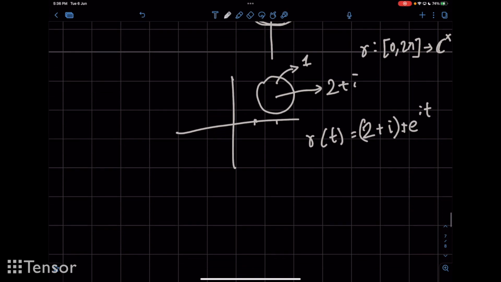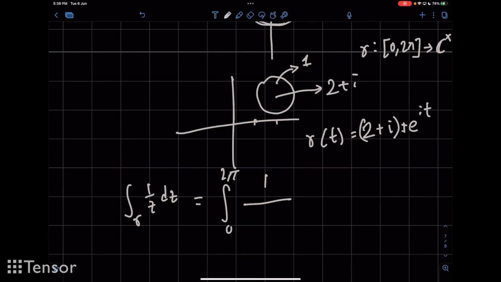And the function I'm integrating is 1 over z. So the integration of 1 over z over this path gamma is the integral from 0 to 2 pi of 1 over z, so here I shall have f of gamma of t.